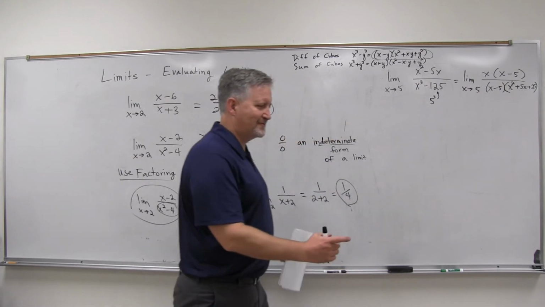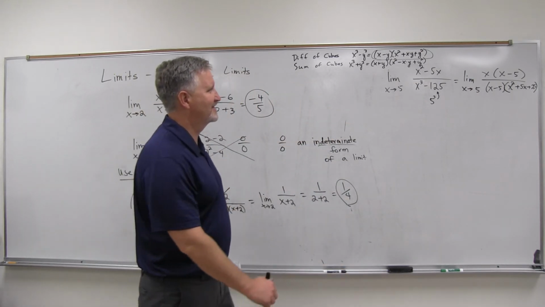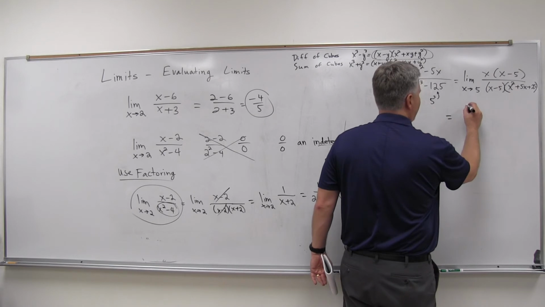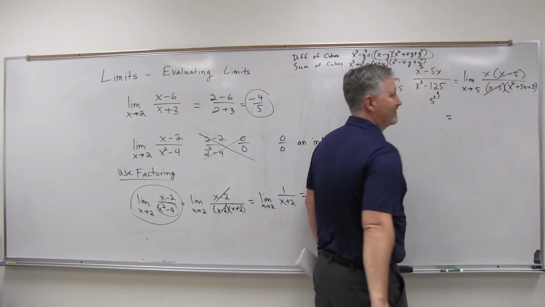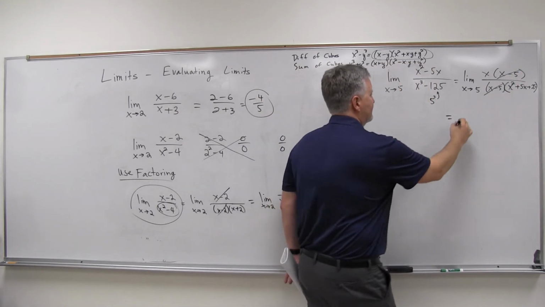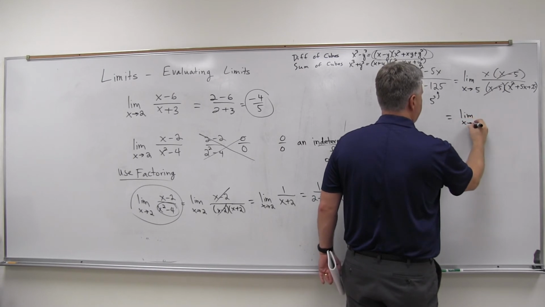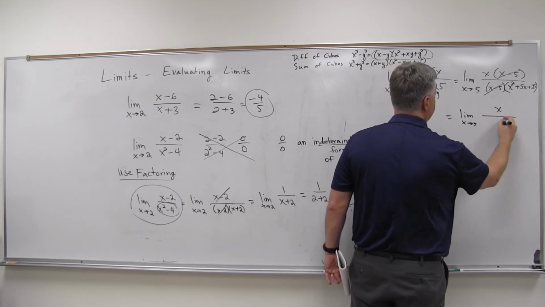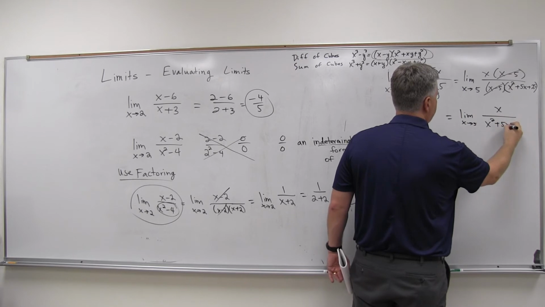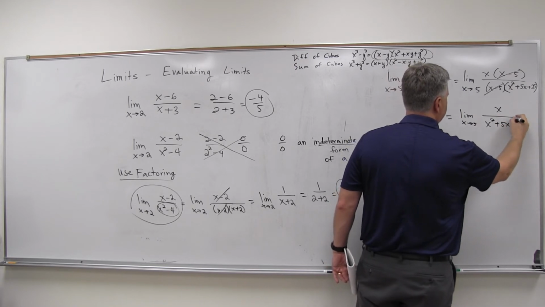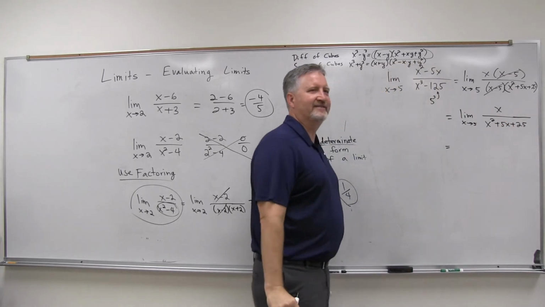Well, good news, just like on the previous example, we can do a little canceling, can't we? Our x minus 5's cancel, so that leaves us the limit as x approaches 5 of just x over x squared plus 5x plus 25. Aha!